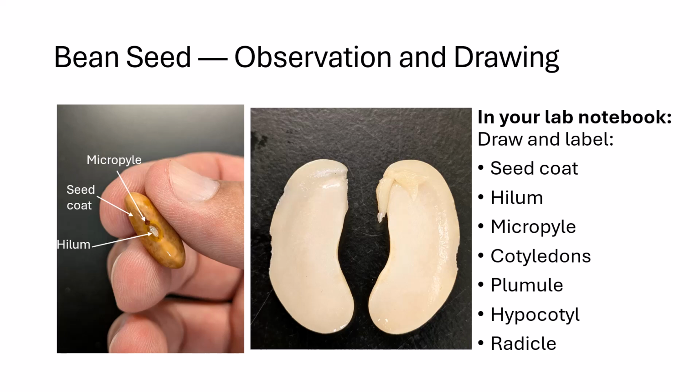Next, look at the right picture where the seed coat has been removed and the seed separated into its two halves. These are the cotyledons, which store nutrients for the embryo. Look for the small embryo attached to one cotyledon and identify the plumule, hypocotyl, and radicle. In your lab notebook, draw and label both the external structures of the seed and the embryo structures inside.